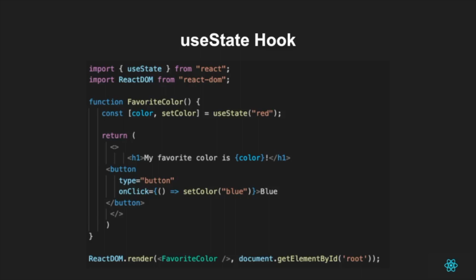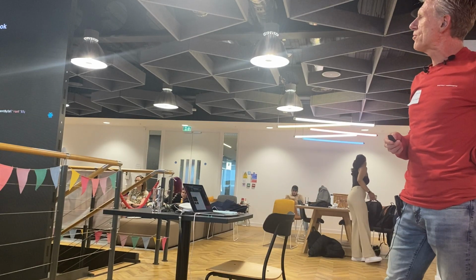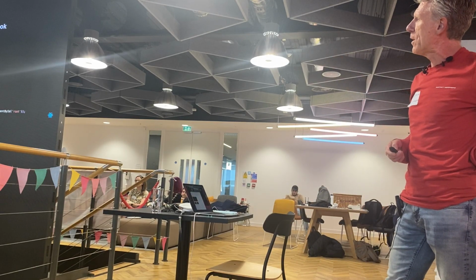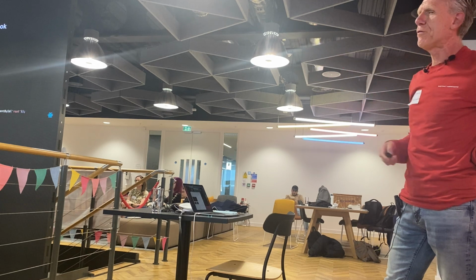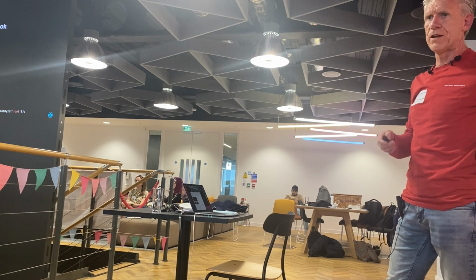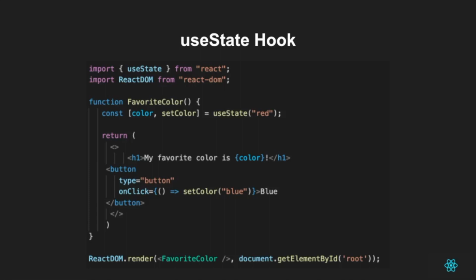There are some rules for hooks. You always have to place hooks at the top of the function in the component, because then the state is preserved well in the application. And it only works in function components. The old style of React uses class components.